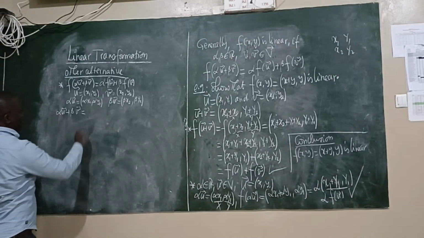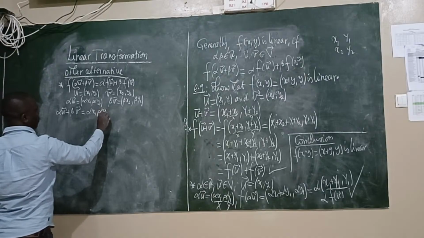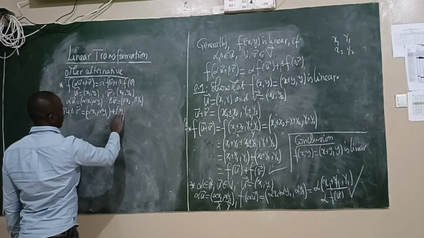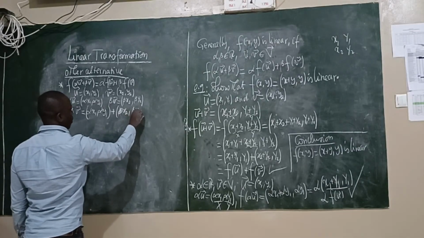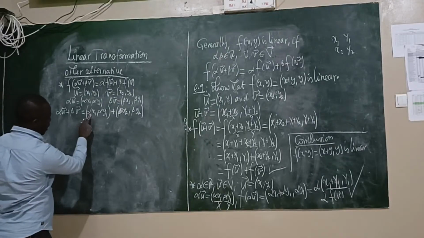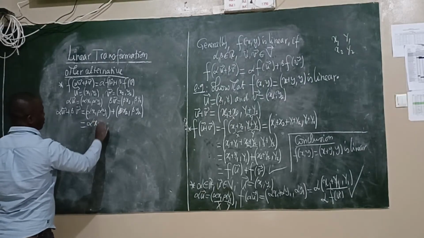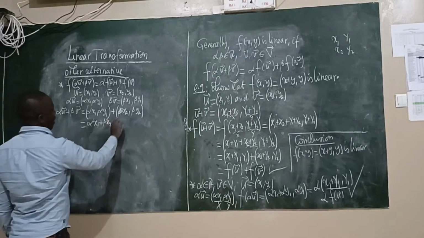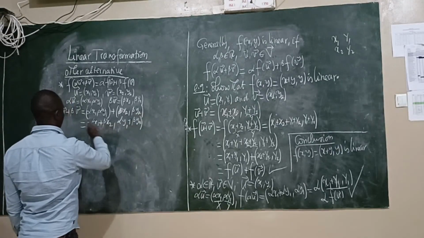This is going to be alpha x1, alpha y1 plus beta x2, comma, beta y2. As you see, this is going to be alpha x1 plus beta x2, comma, alpha y1 plus beta y2.